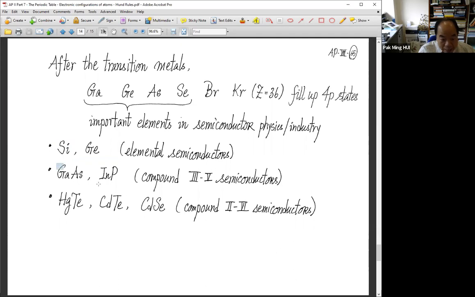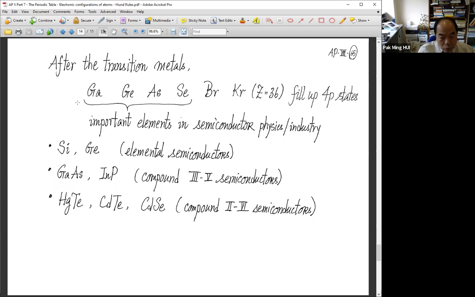And then gallium arsenide, indium phosphide. So for this compound, this is group 3, this is group 5, and they can only be made in the lab. You don't have a mine to dig it out, but they are very useful semiconductors due to their special band structure.